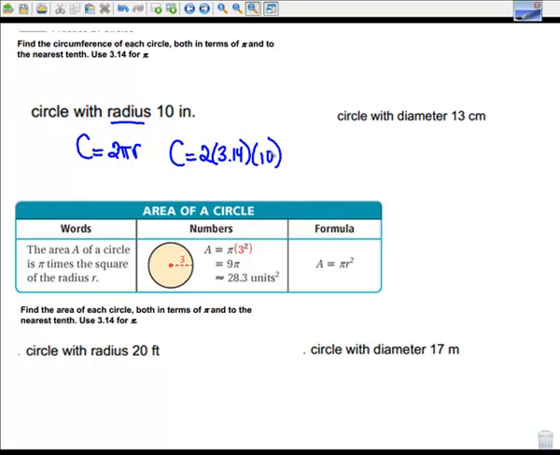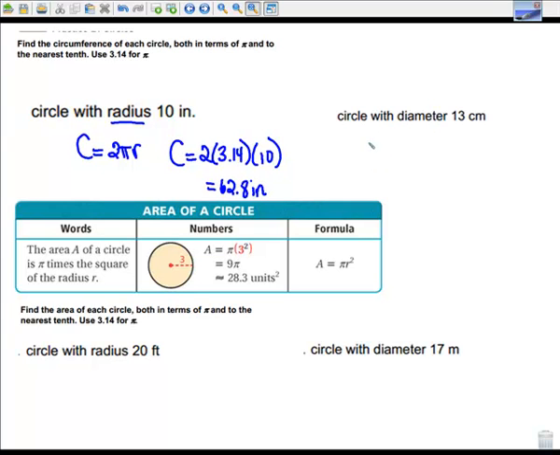And now I'll go ahead and just calculate that. 2 times 3.14 times 10 gives us 62.8. And this is in units.